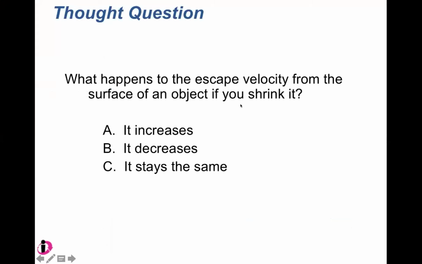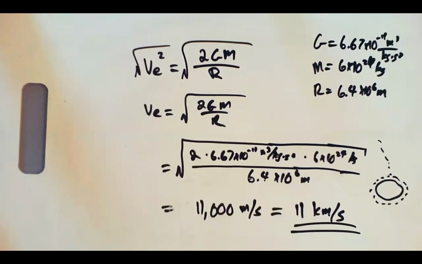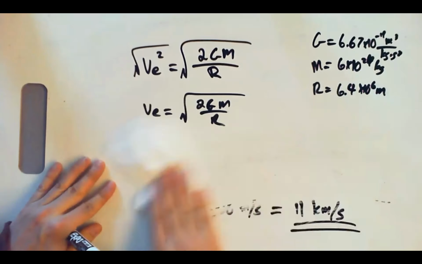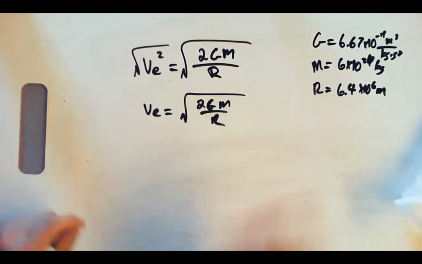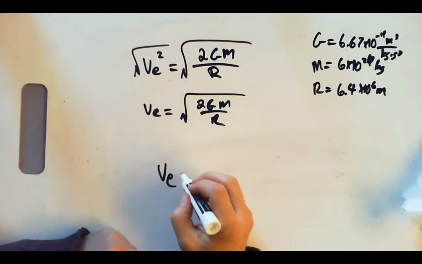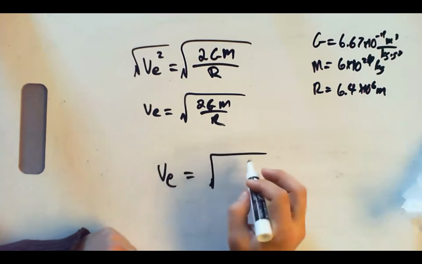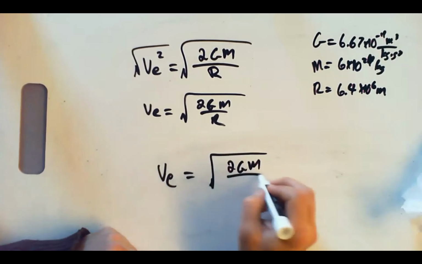If you shrink an object, what happens to the escape velocity? Let's go back and look at the equation. VE is the square root of 2GM over r.